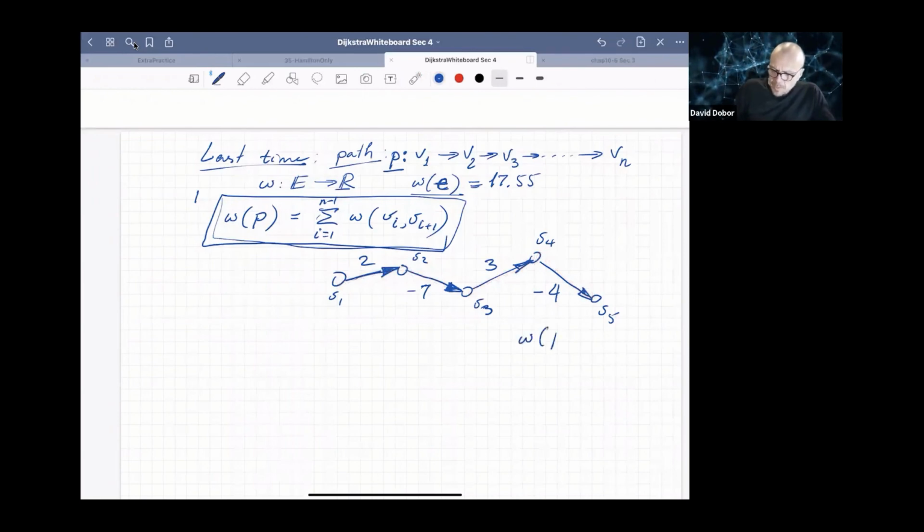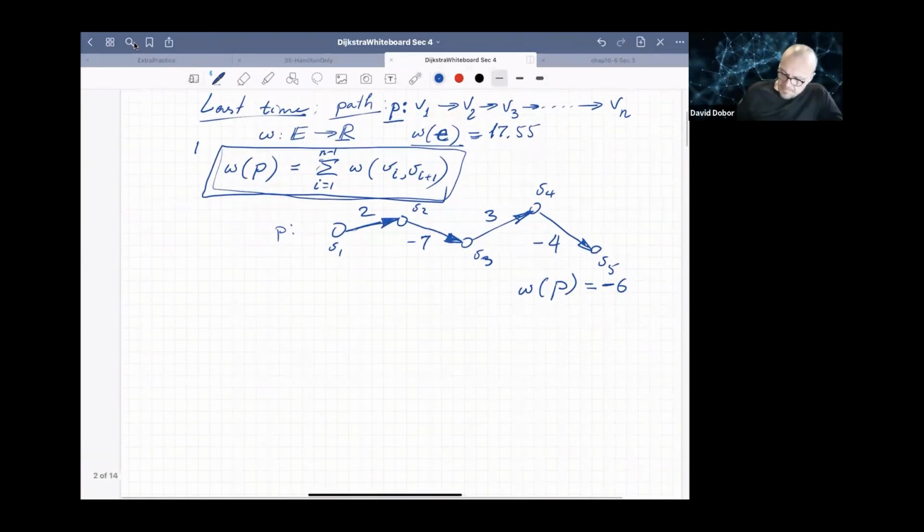So the weight of this path, the sequence of vertices V1, V2, V3, V4, V5, unless I made a mistake adding those numbers up, is -6. That's the cost of the path. Okay, fine. There seems to be no problem with this.